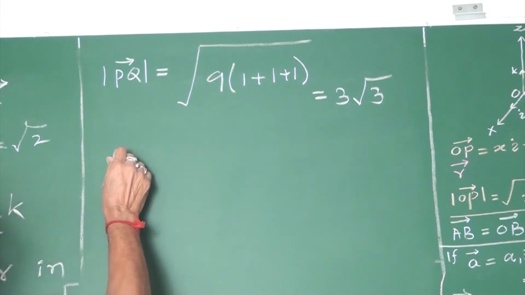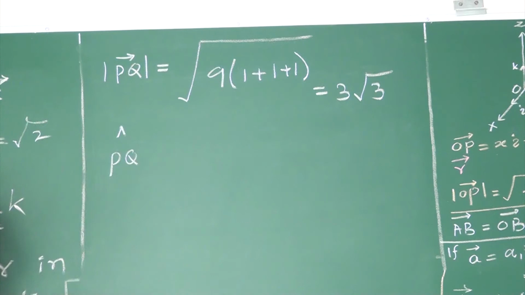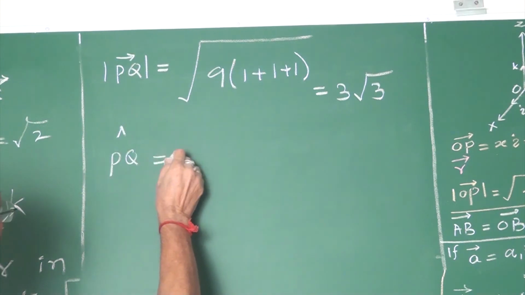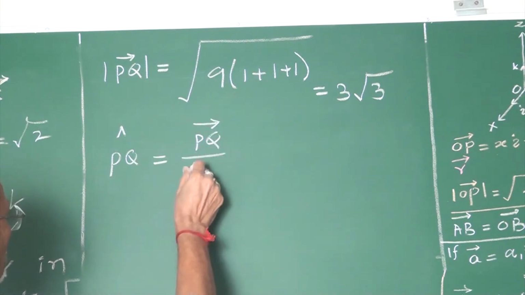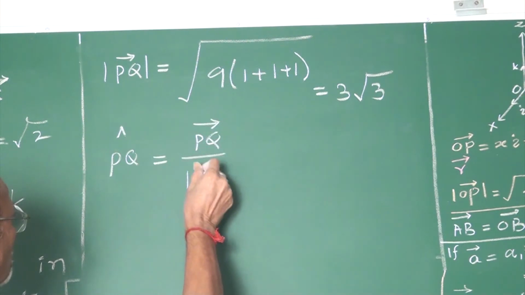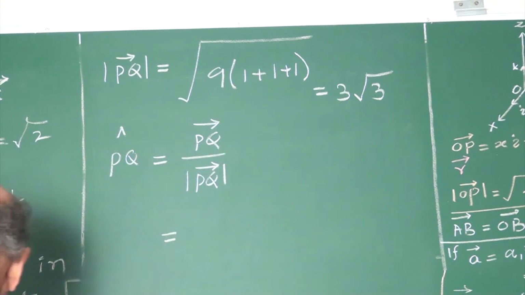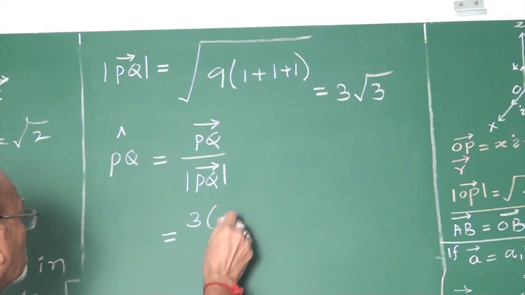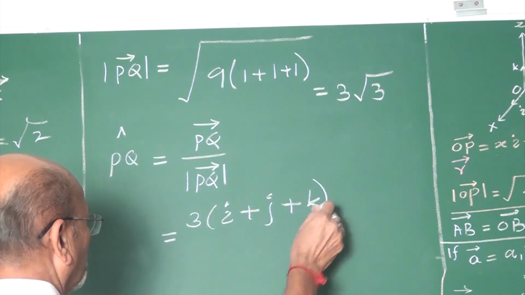Then you wanted PQ cap, which is vector PQ upon magnitude of PQ. Put the values. What is PQ? It is 3 into i plus j plus k.